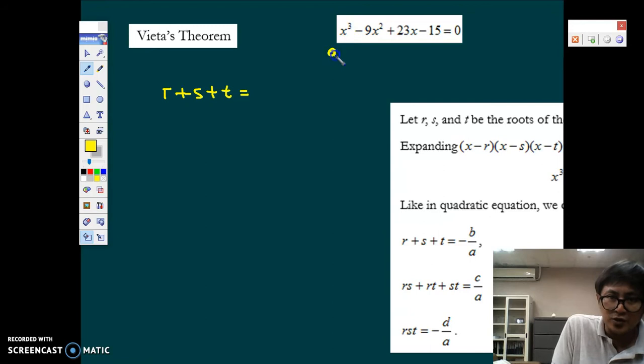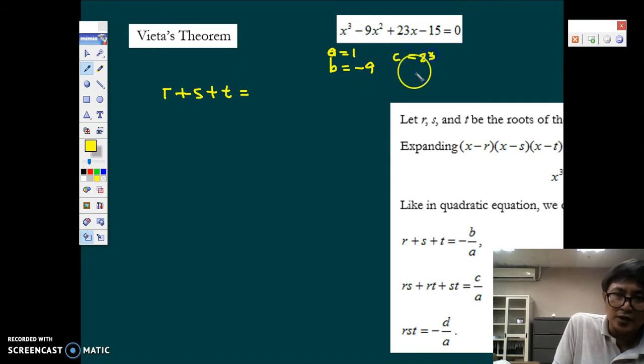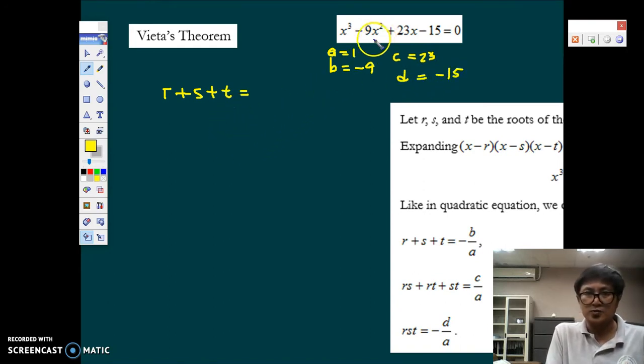You have here a is equal to 1, b is equal to negative 9, c is 23, and d is negative 15. So r, s, t are the roots of this polynomial. We don't have to solve for it.